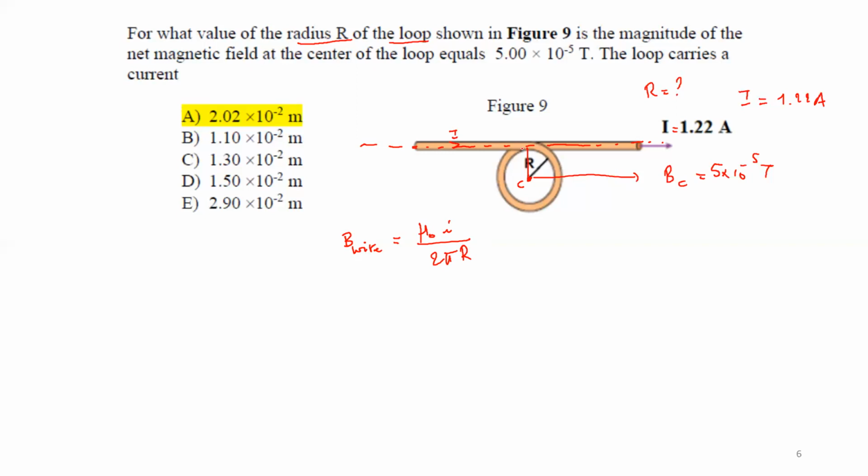Now, the second part of my system is the loop. What is the magnetic field created by the loop? Well, easy. It's mu naught I phi divided by 4 pi radius.